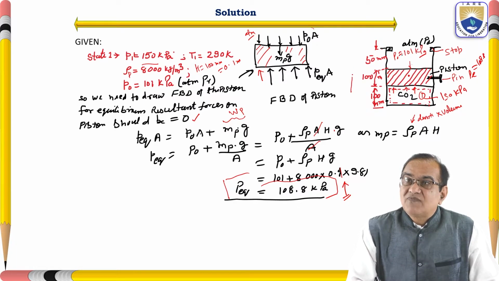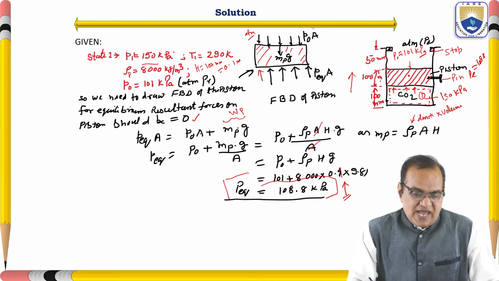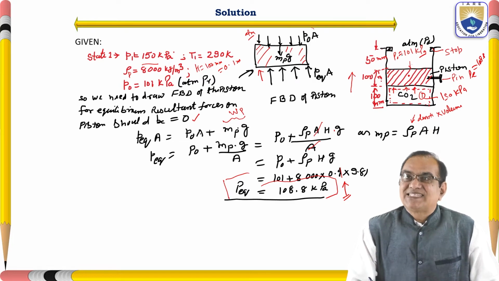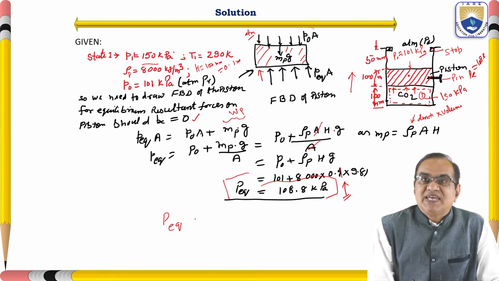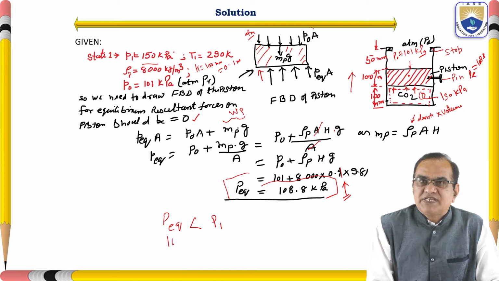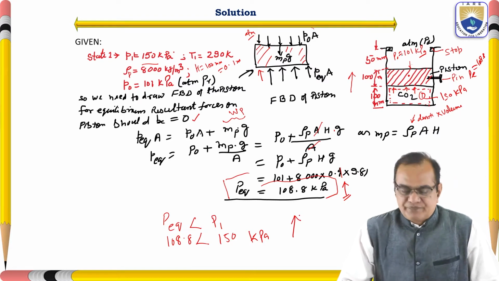So this piston will try to go upward, as this P equilibrium is less than the P1. It means this P equilibrium is 108.8, which is less than the 150 kPa. So this is the tendency to move upward.